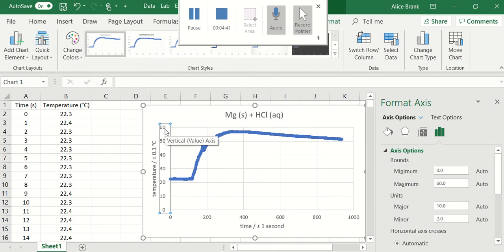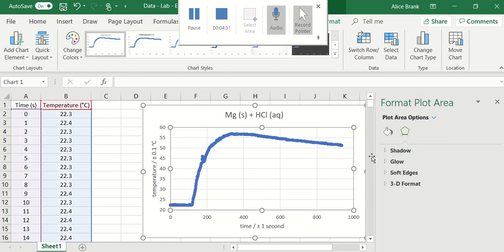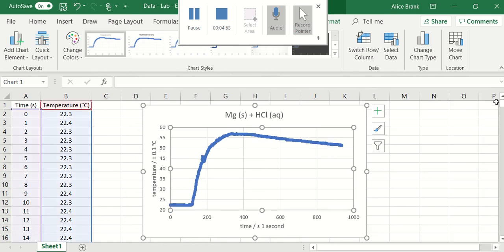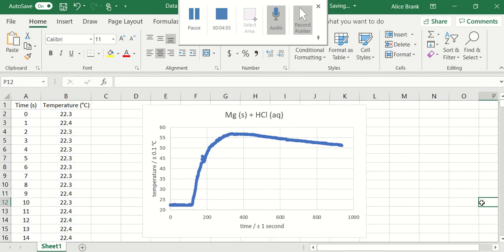I think 60 is probably a good high end of the range, but on the low end, I'm going to say 20. What do we think?